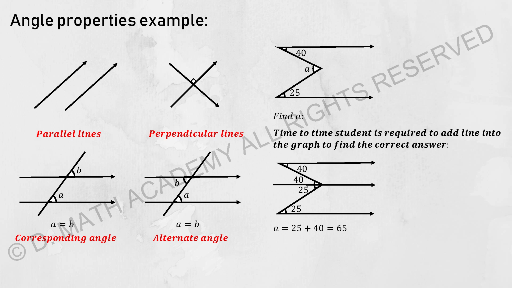Alternate angle, I also like to consider it as a Z, because the shape it forms when you alternate the angle up is actually the symbol Z. So for you to find angle A in the example over there, it is actually a total of 40 plus 25, which results in 65 using the alternate angle concept.